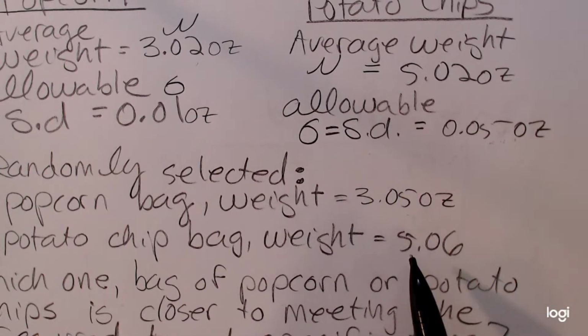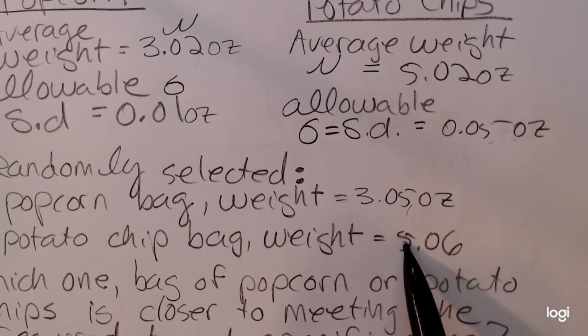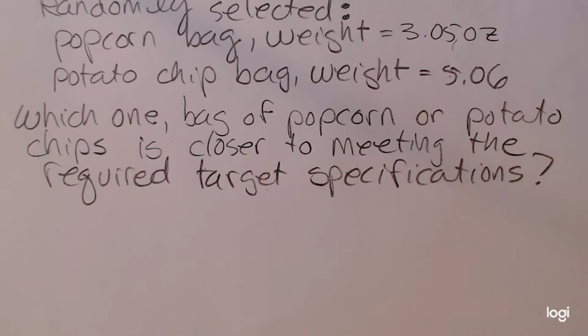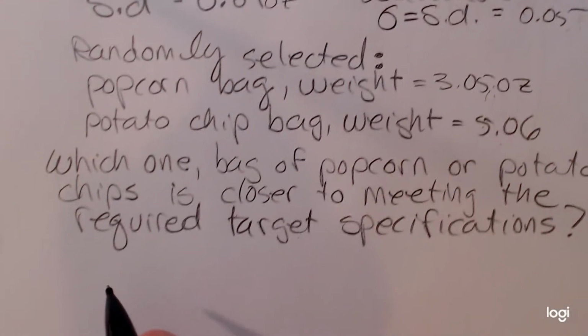They have different standard deviations. So in terms of the manufacturer's perspective, we want to see which of these indicates that the manufacturing process is working better. So I'm going to convert both of these observations to z-scores.